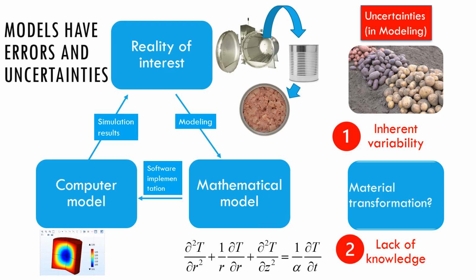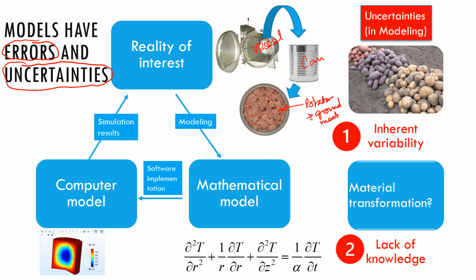As we have discussed in the related videos of this series, models have errors and uncertainties. So let's take a very simple process, in this case canning of a food that has potatoes and ground meat, and we are simply heating this process inside this vessel, and this is the can.